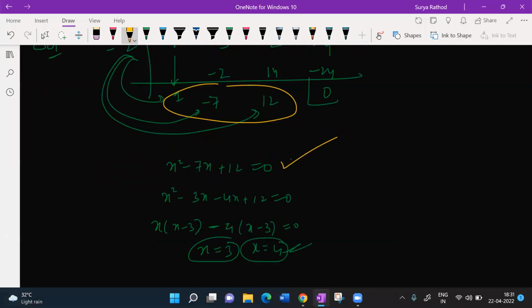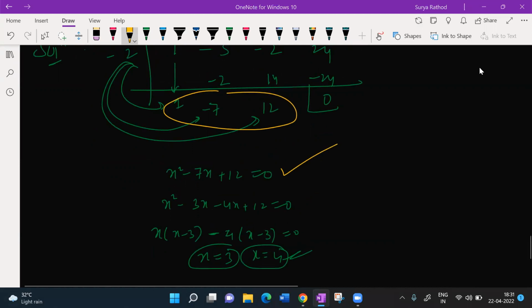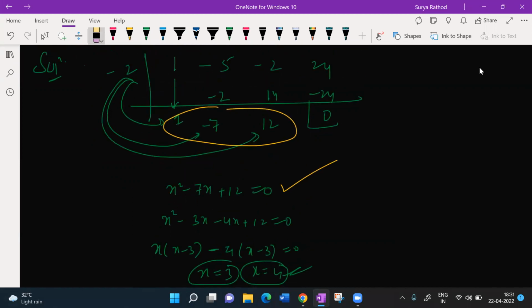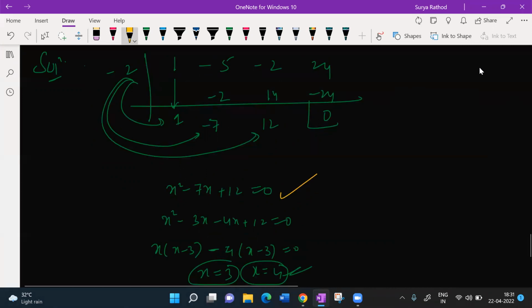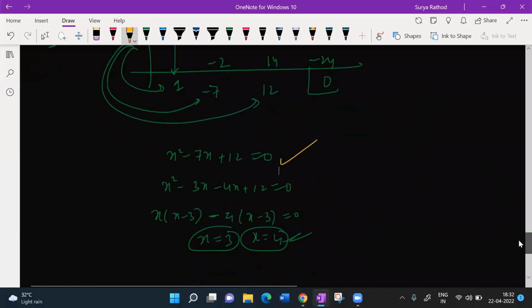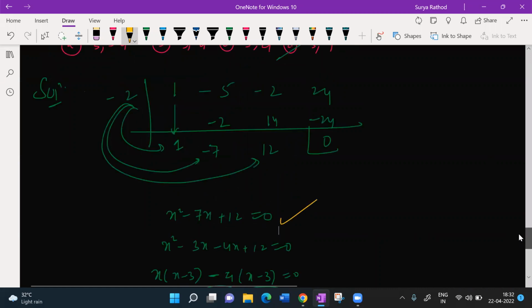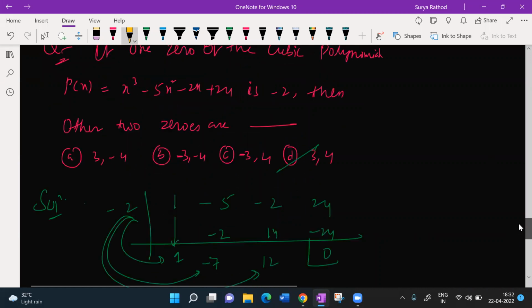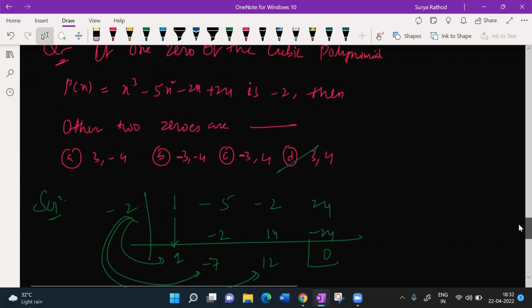Hania ji, any doubt? No, sir. Are you able to understand? I don't see you active in the class. What's the problem? Yes, sir, trying to understand. Didn't understand this question? I understood it. After I explained, you understood, or before that you got the idea to solve?